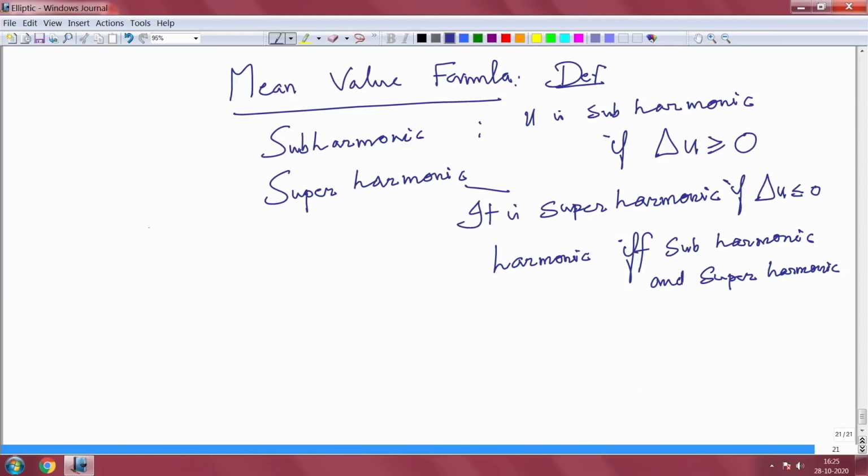So, what I am going to do is derive some average values. It captures some nice formulas for harmonic functions, and later you will see that harmonicity is equivalent to the mean value property. That means the averages will determine the value at any point.